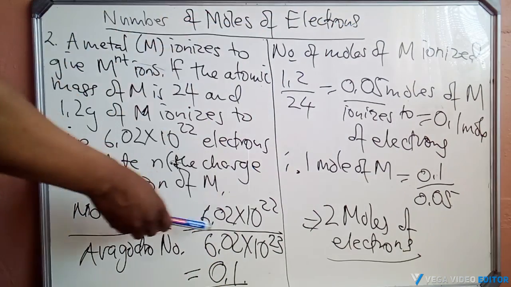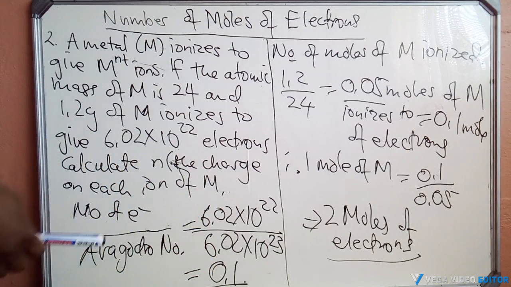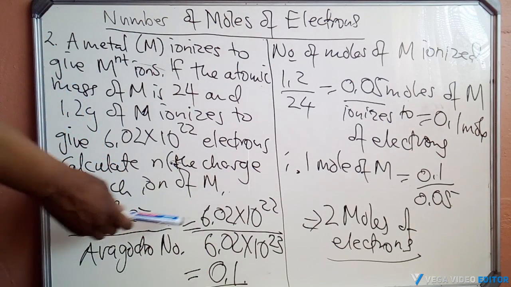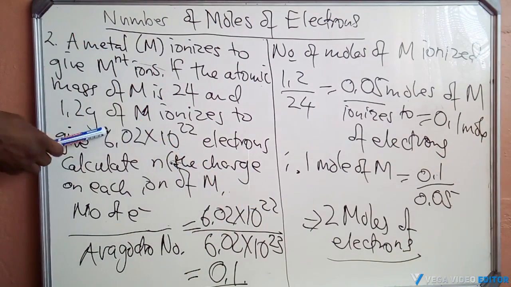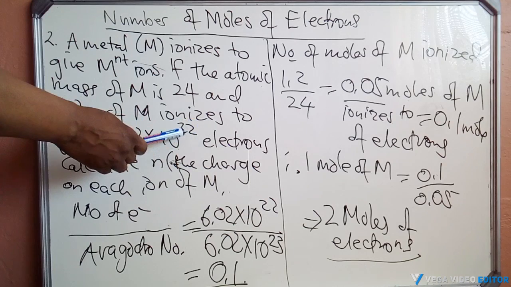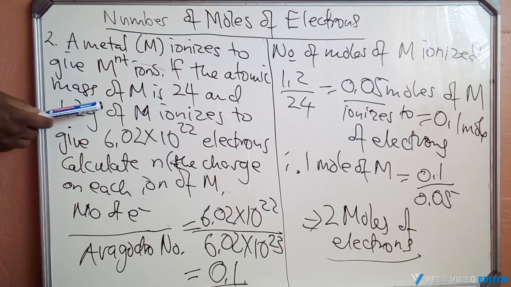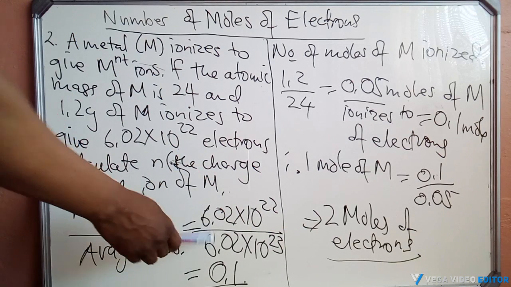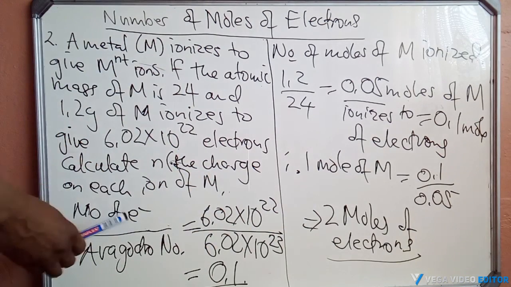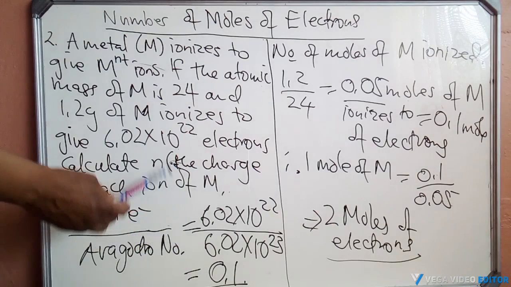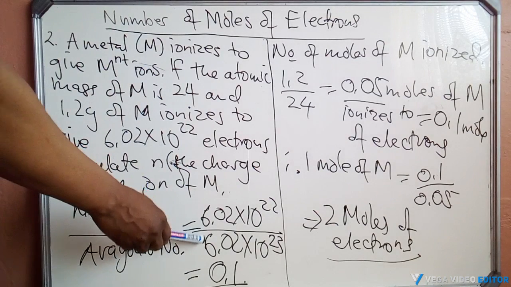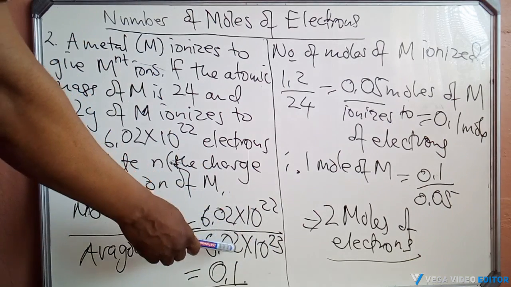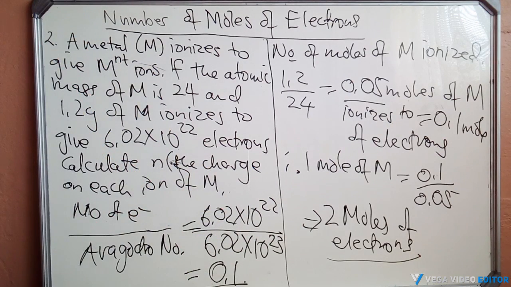That was found by the number of electrons, 6.02 times 10 to the power of 22 in 1.2 grams of M, divided by the number of electrons in a mole. According to Avogadro's law, the number of electrons in 1 mole will be 6.02 times 10 to the power of 23. If you divide the two, this ratio will give us 0.1.